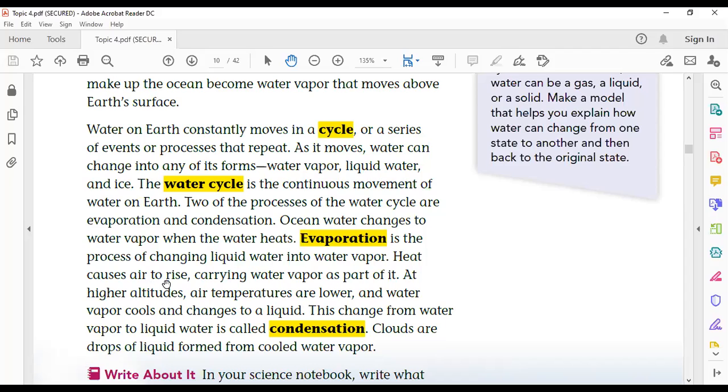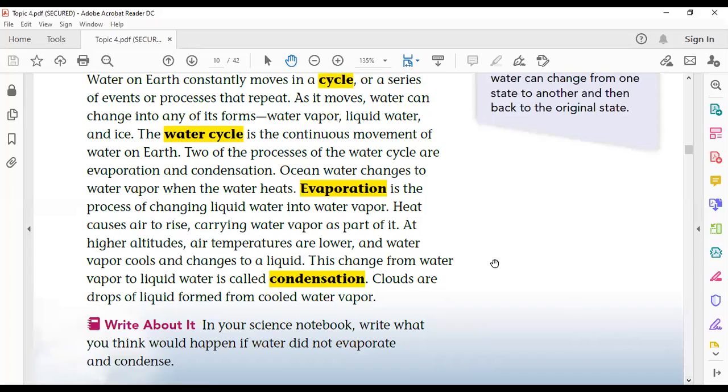Heat causes air to rise, carrying water vapor as part of it. Now what happens to water vapor after water evaporates? At higher altitudes, when water vapor becomes high in the atmosphere, what happens to the air?